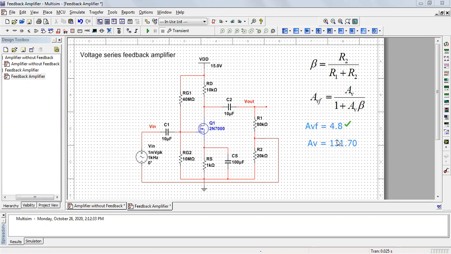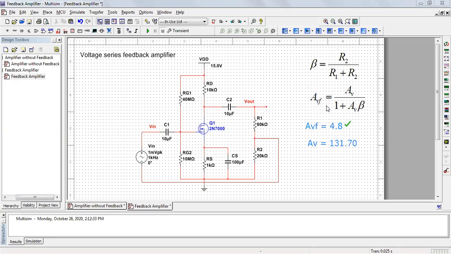AV is known, that is 131.7, and you can find out theoretically how much feedback gain you are getting. That must be close to 4.8. Yes, obviously, practical and theoretical values should be close to each other. So that you have to do in the write-up. In the write-up you also have to calculate the theoretical value of the feedback gain.